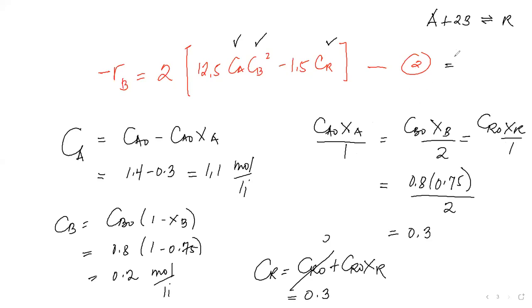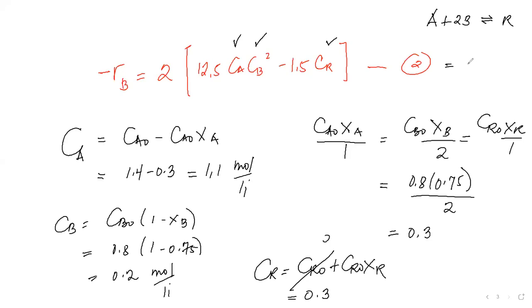The rate in terms of B. I will volunteer somebody. Okay, thank you, Sinoni. We have 0.2. So thank you, Jobern.